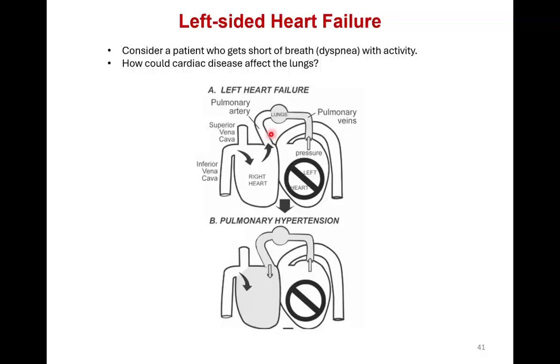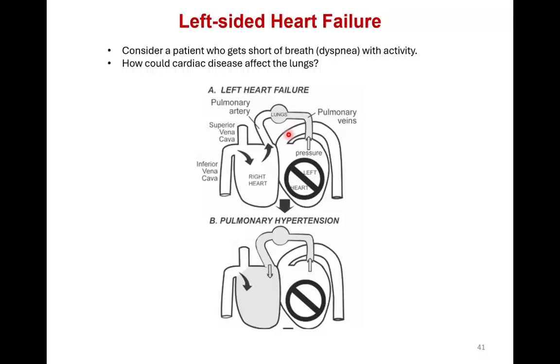It's going to back up within the pulmonary circulation. And so that is going to lead to what is known as pulmonary edema. Pulmonary edema is going to result in an increase in the pulmonary pressure. As that pulmonary edema and pulmonary pressure starts to rise, blood is going to be forced out of the pulmonary capillaries and into the interstitial space.